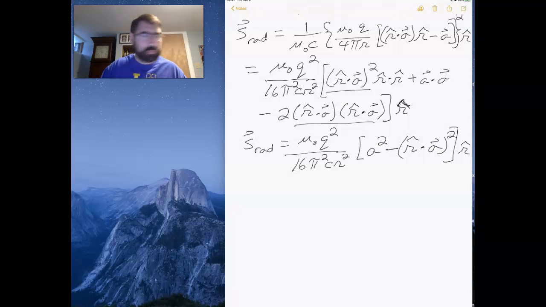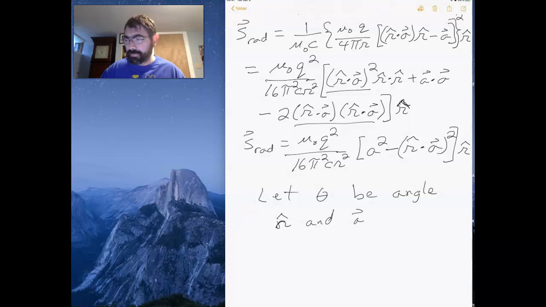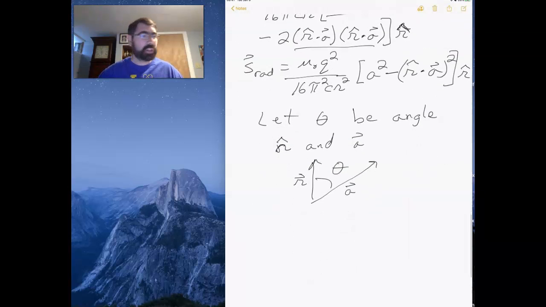So let's now let theta be the angle between r and a. That helps us with the dot product.